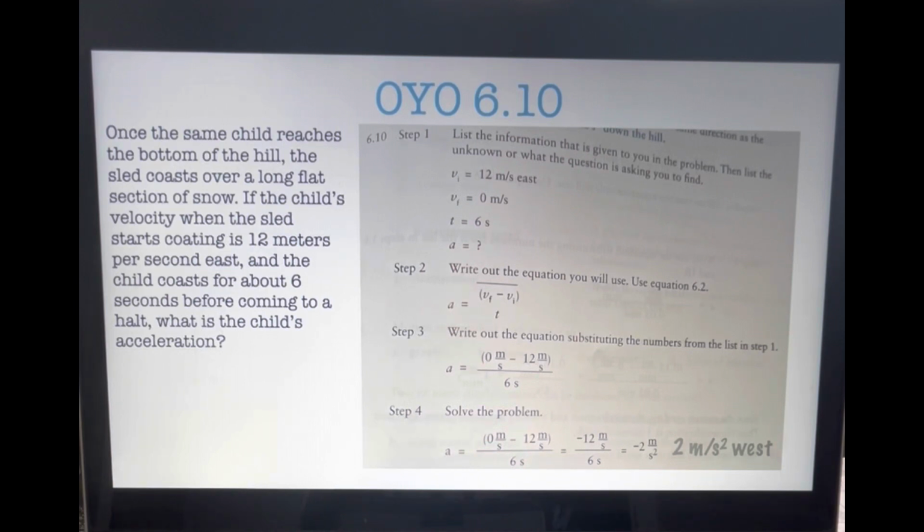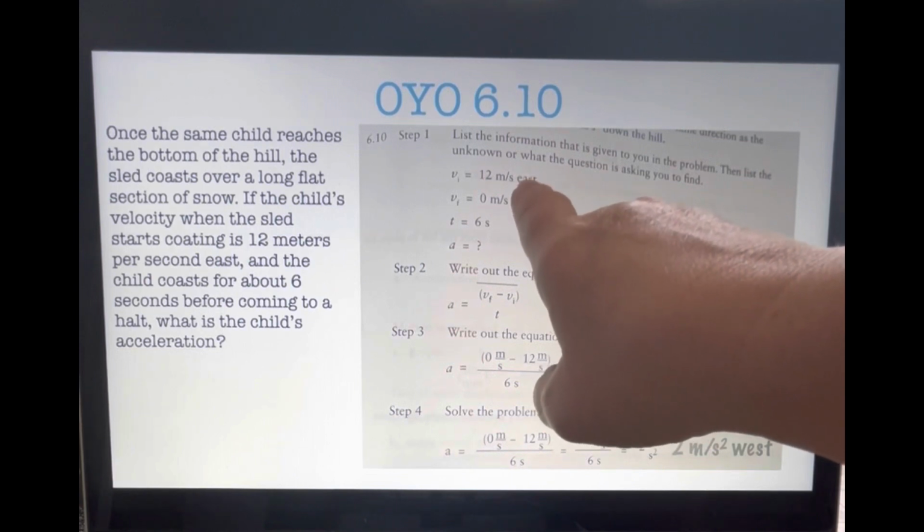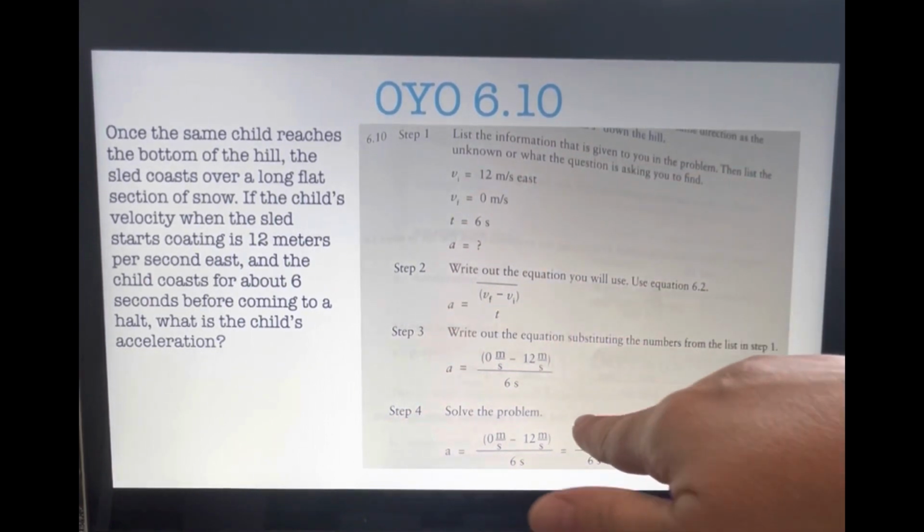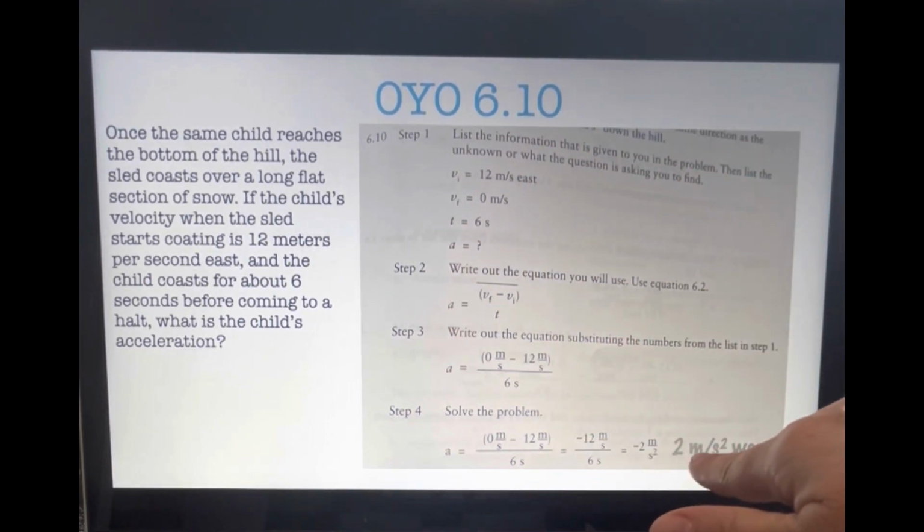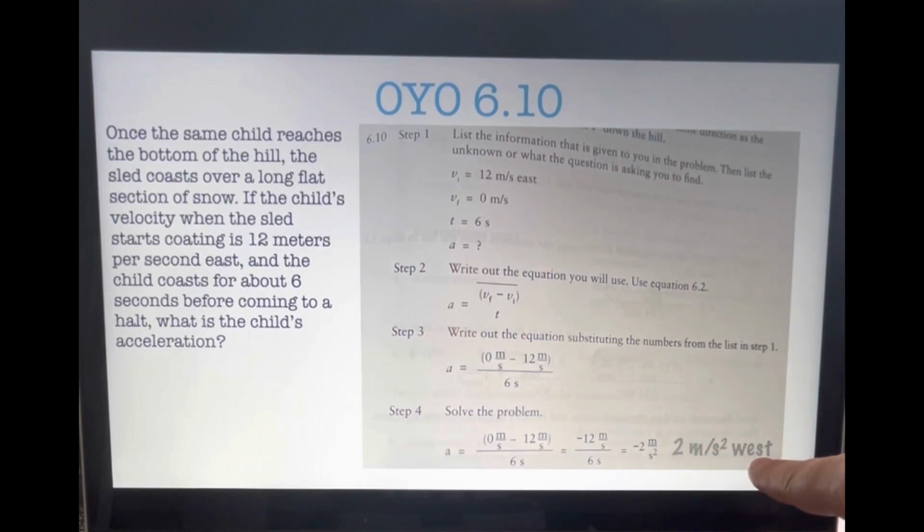And this really does make sense since the sled is slowed down. Since the negative sign tells us about direction, we drop it from the answer and replace it with the actual direction. So it was initially going east. Well, once we have that negative sign, we're going to change it to the opposite direction, or west.